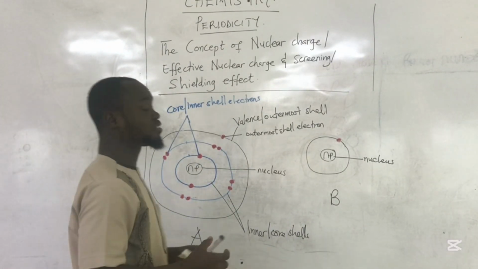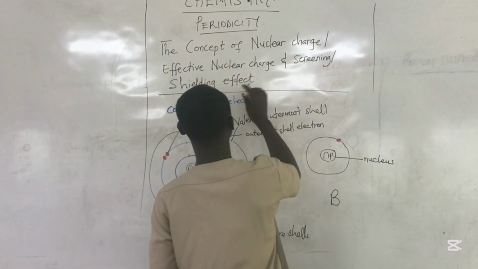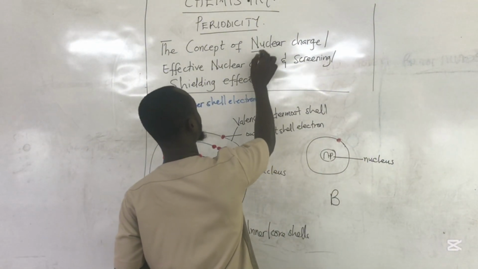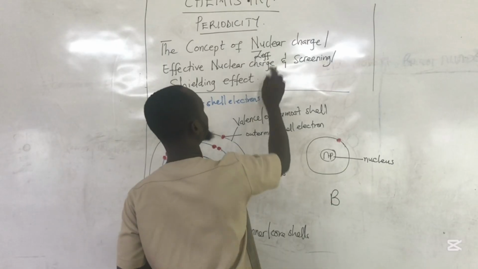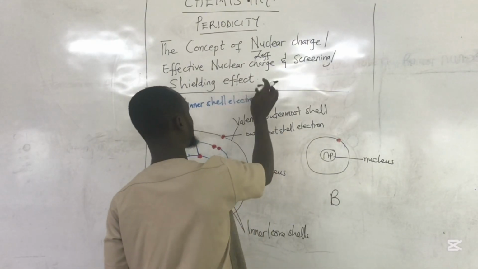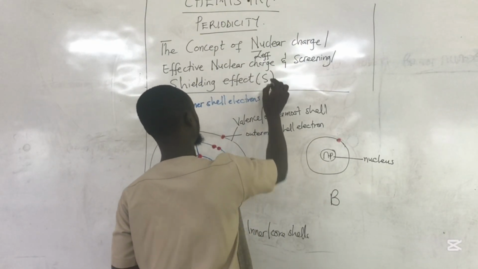So let's use a symbol to represent them. So effective nuclear charge, let's represent it with Z_eff, and then screening or shielding effect, let's represent it with a constant, S. Is that okay?